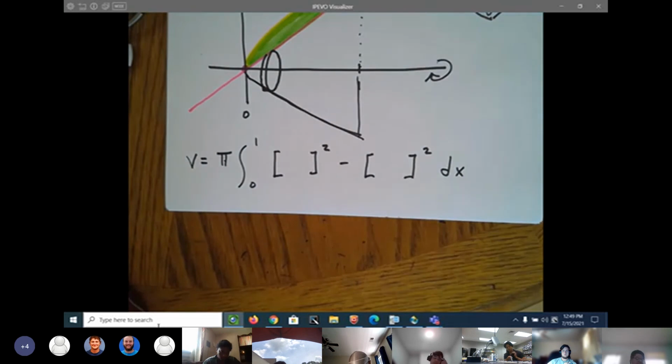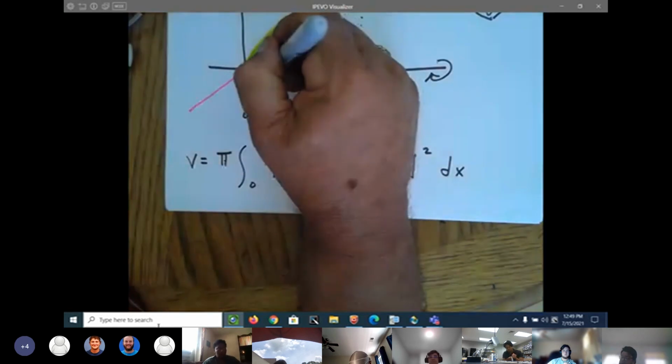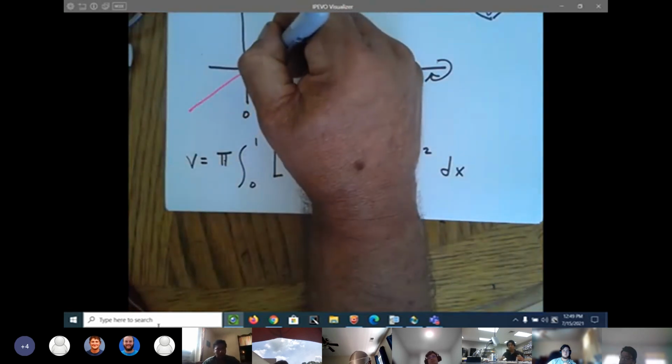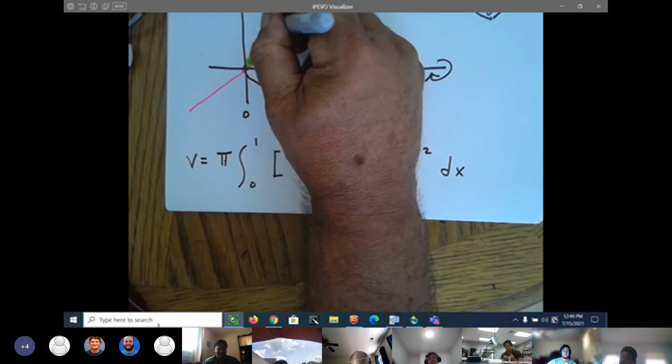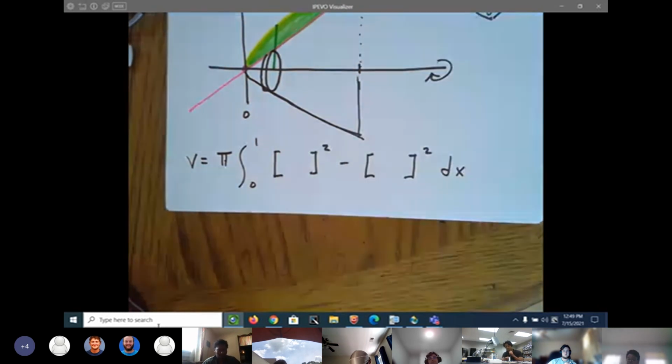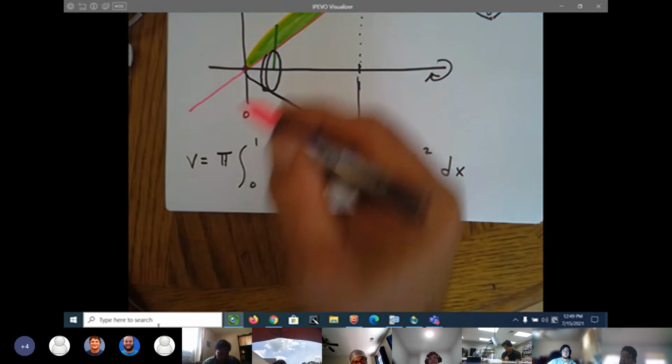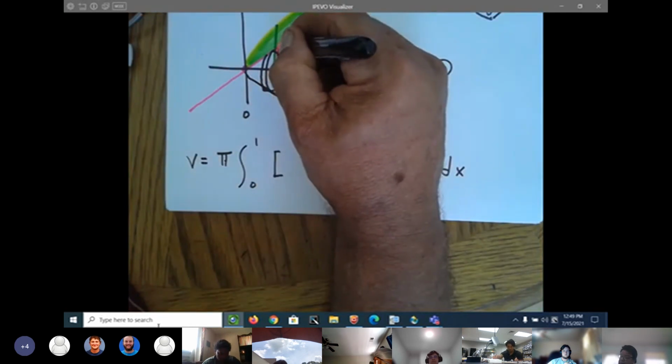Now I'm going to take my 2 pins. My green is going to be my outer radius, and my pink is going to be my inner radius.